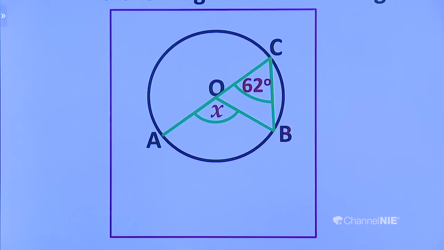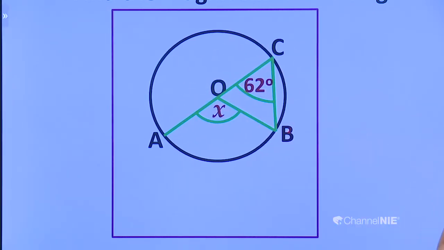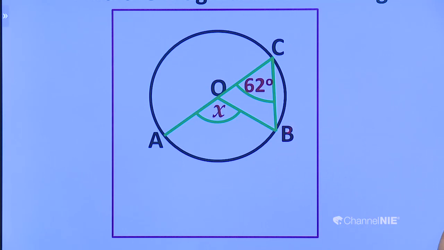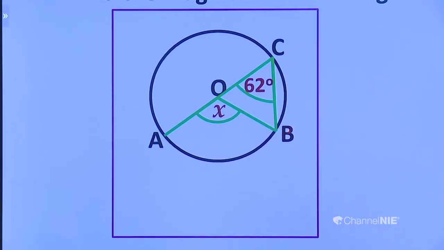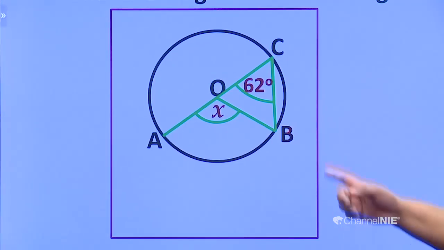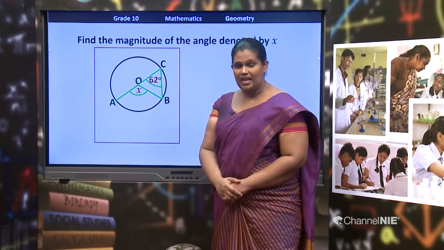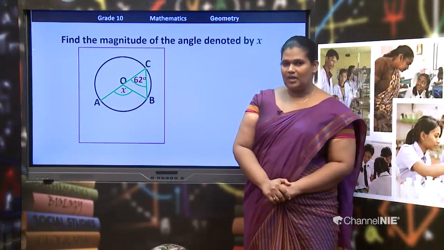And at the same time we can observe point C is on the remaining part of the circle. Therefore, point C is also subtended by the same minor arc AB. So, we can say angle ACB is the angle subtended by the same minor arc AB on the remaining part of the circle. Once again, we can relate this question to the theorem we have learned right now.